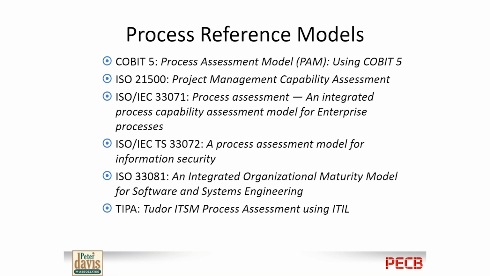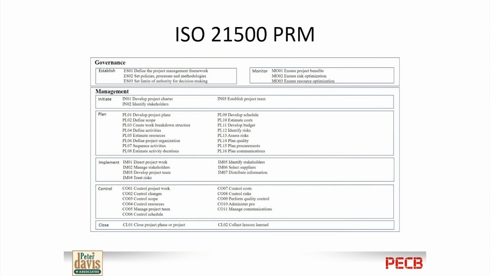Okay? Now, I'm going to talk, as I said, about project management, which is ISO 21500 and the project management capability assessment. So using ISO 21500, Barry Lewis and I came up with the project reference model. And you can see here that it looks somewhat similar to ISO 21500, and it looks somewhat similar to PMBOK if you're familiar with those documents.